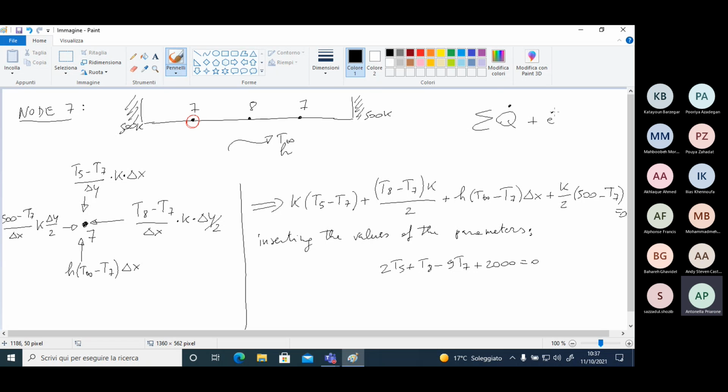plus eventually if I have the generation by volume, equal to 0. I have no generation in this case. This is for steady state.